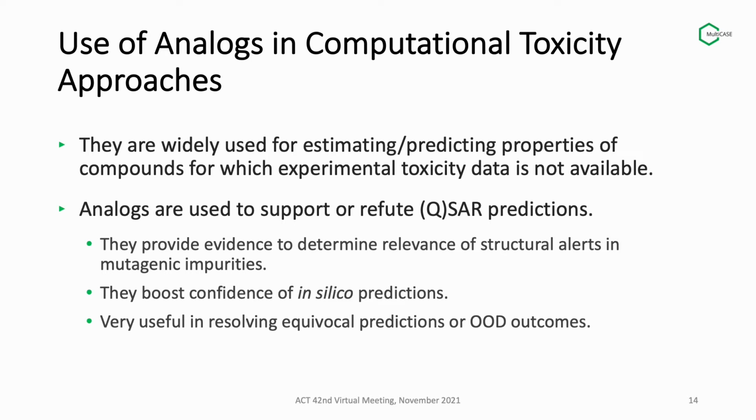In addition, they are commonly used in boosting the confidence of in silico predictions by resolving equivocal or inconclusive results, or sometimes they are also successfully used to resolve out of domain outcomes from in silico predictions. So in summary, analog based approaches are a tried and true method that are commonly used in computational toxicity approaches.